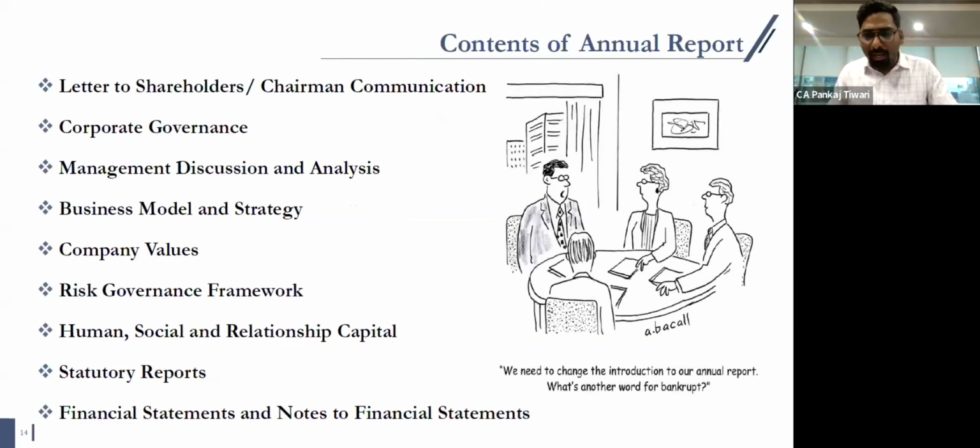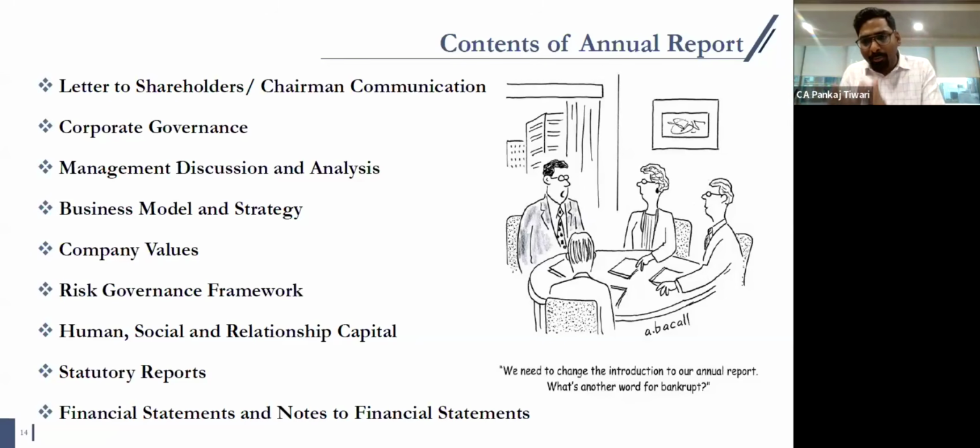Now I'm going one step ahead, my friend. What is the content of these annual reports? If you look at it frankly, if you have to divide it into two to three sections, some sections talk more about the company, basically what the company does, what its operations are, what its presence is, what its key performance indicators are, and so on and so forth.